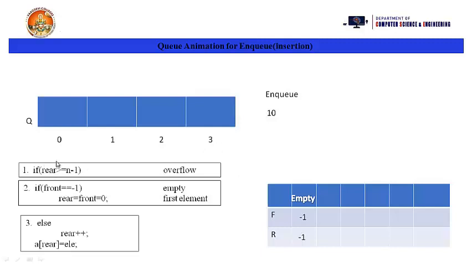Is -1 greater than or equal to 3? The condition is false, so the queue is not full. Then go for the second condition: if front equals -1. Yes, front equals -1, so we need to set the front and rear values to 0.